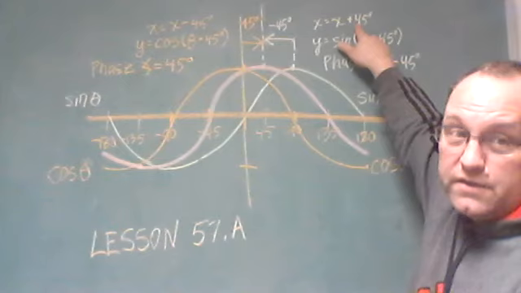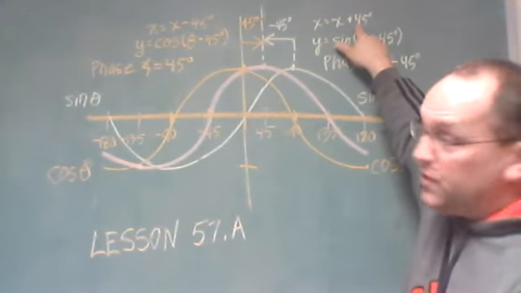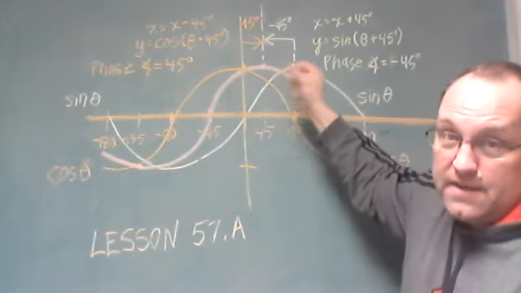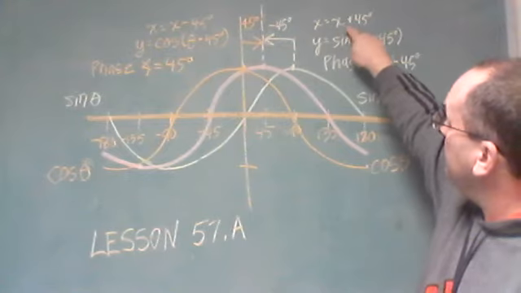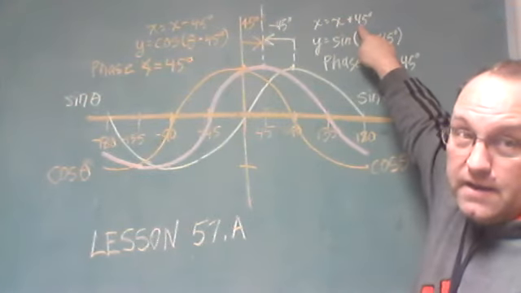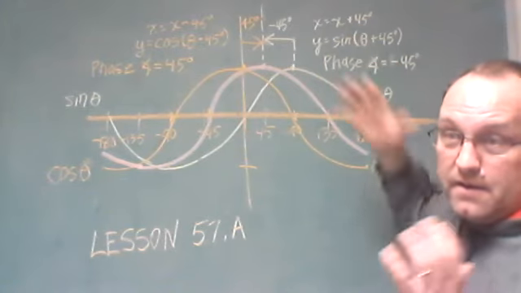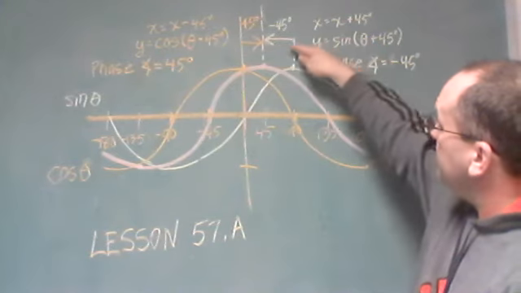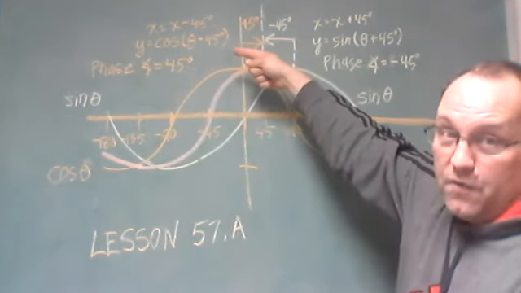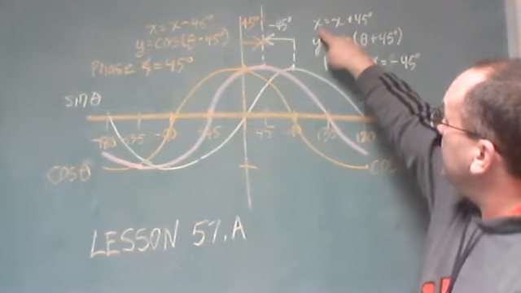So if we wanted to shift our graph 2 units to the left in the x direction, we would put x plus 2 in place of x in our function, and then simplify that expression. It's the same drill here. We're shifting it to the left 45 degrees, so we put x plus 45 degrees in place of x.